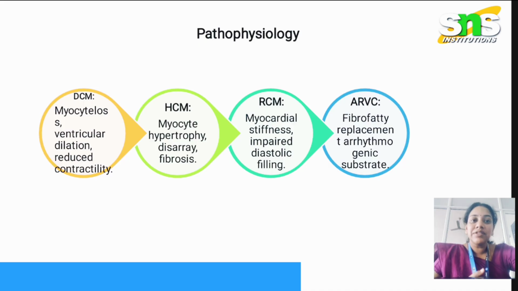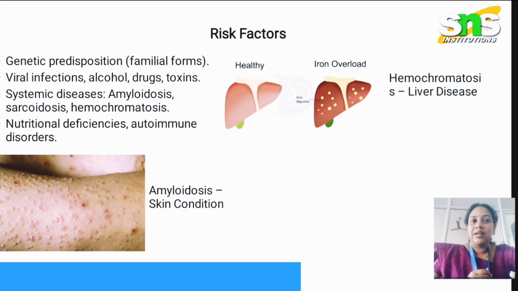And the myocardial stiffness will impair the diastolic filling also. Why? Because the left ventricle will not get filled properly in case of stiffness. And this also leads to a backward effect and progressive heart failure. And in arrhythmogenic type, you can see that the area will have fatty tissue growth. These are the things that can happen in different forms of the disease.